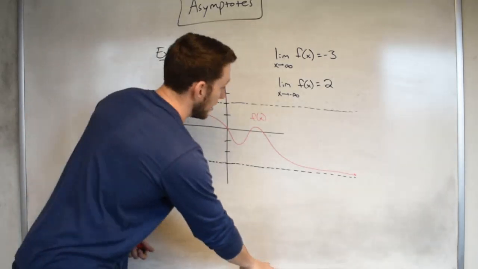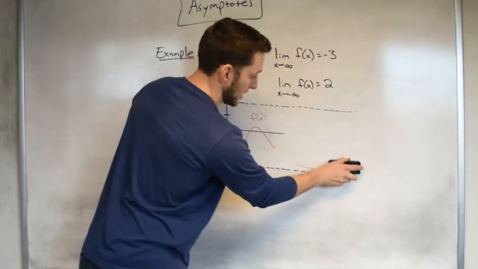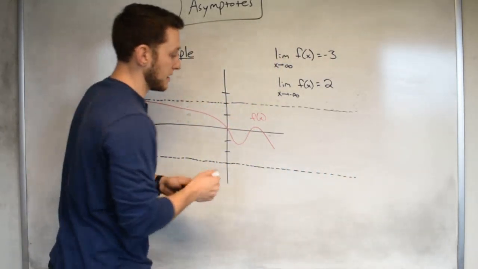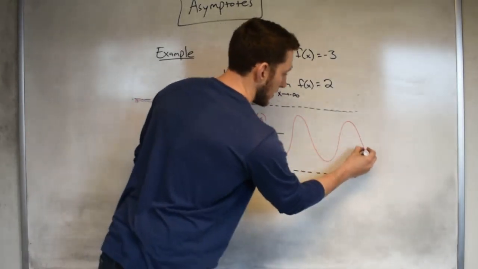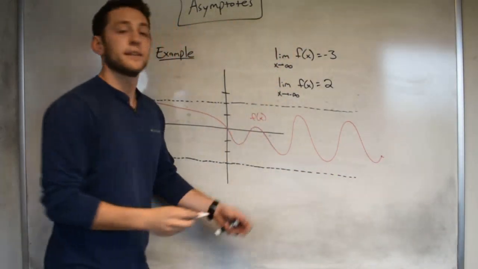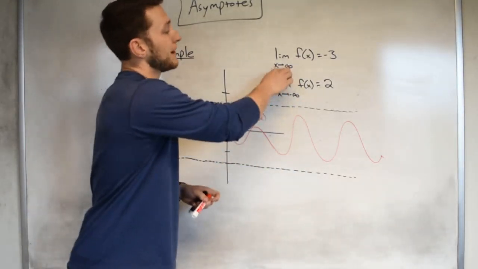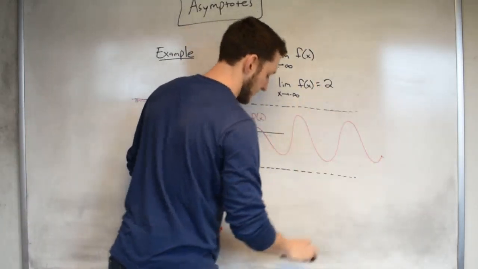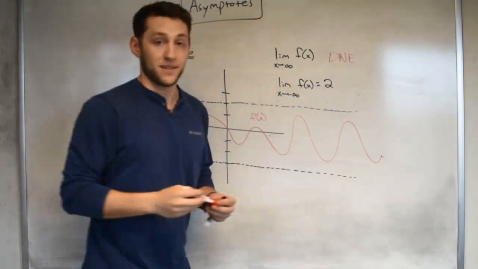As an example of one where the limit does not exist, if you allow me to change up f of x to be this function right here, kind of like a sine function towards the right, our limit as we approach positive infinity would no longer exist. We would say does not exist.